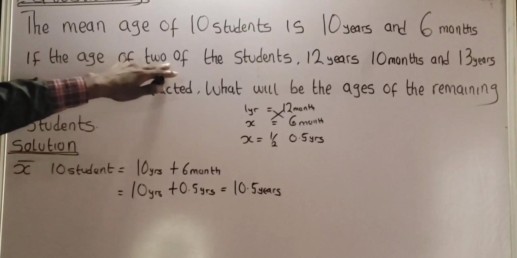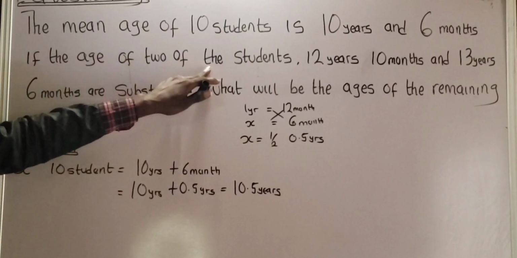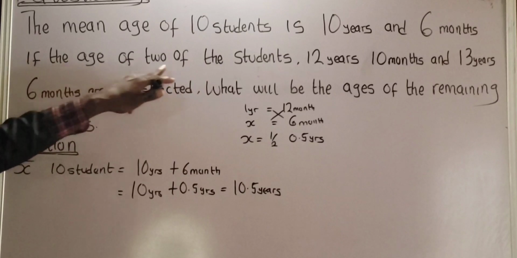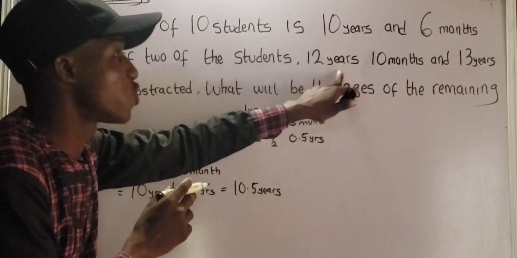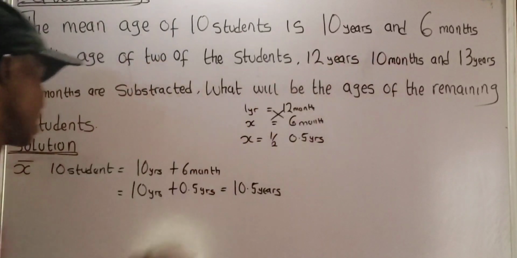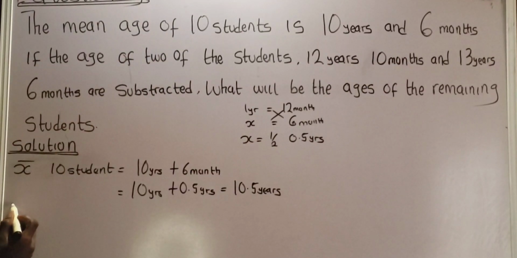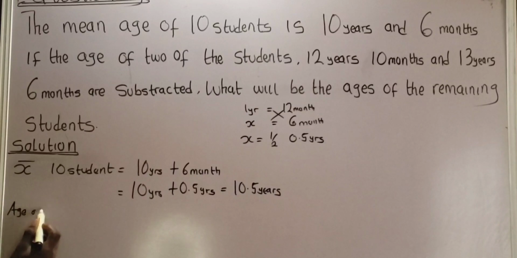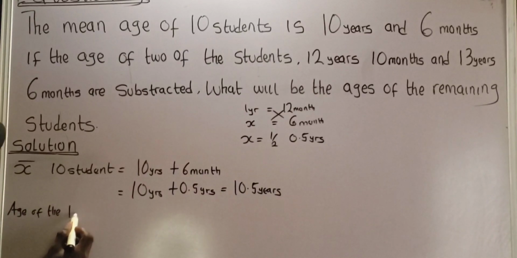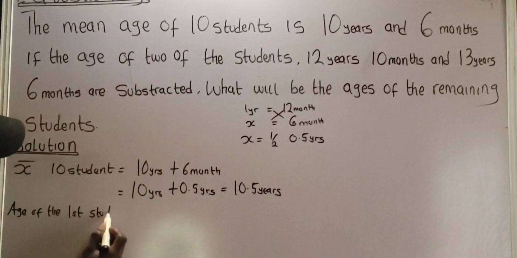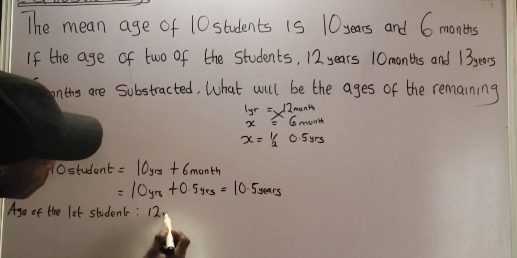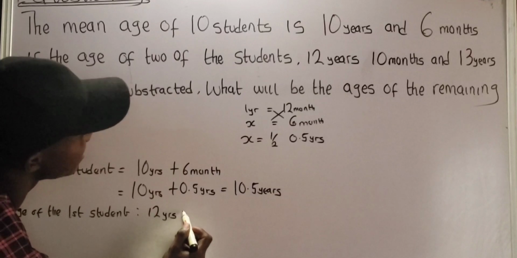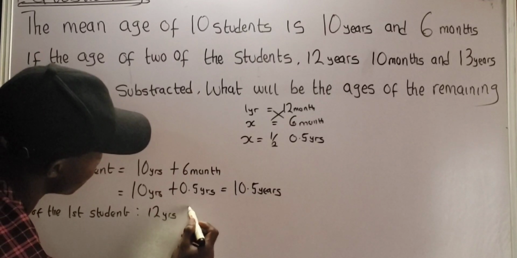Now, let us proceed to the second statement. The ages of 2 of the students among these 10 students. The age of the first student is 12 years and 10 months.